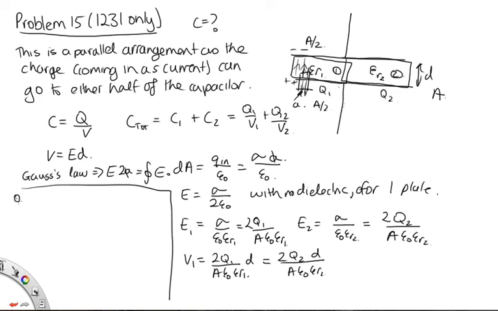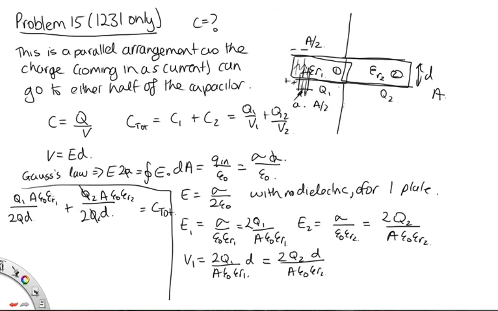So we've got Q1, now V1, we've got 2Q1D, and then the denominator ends up the top, A epsilon naught epsilon R1, plus Q2 on V2. So Q2, now V2, we've got 2Q2D, and A epsilon naught epsilon R2 is equal to the total capacitance.